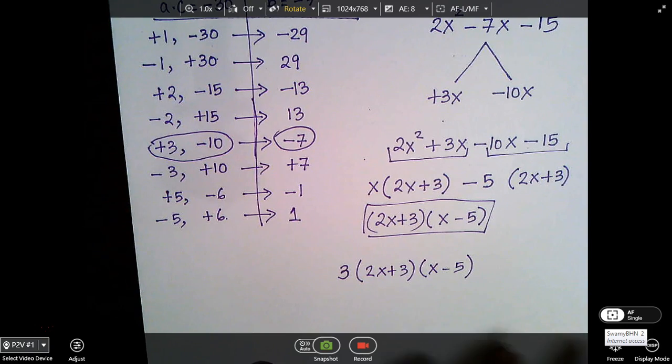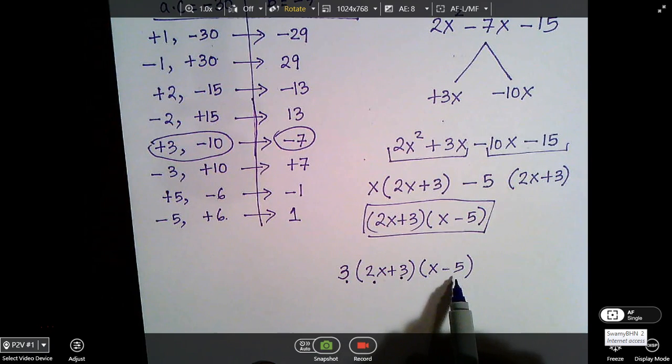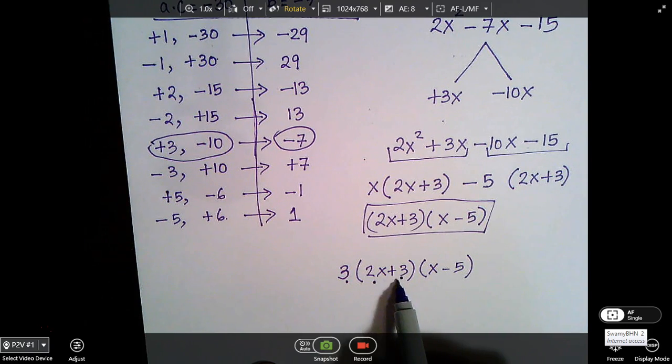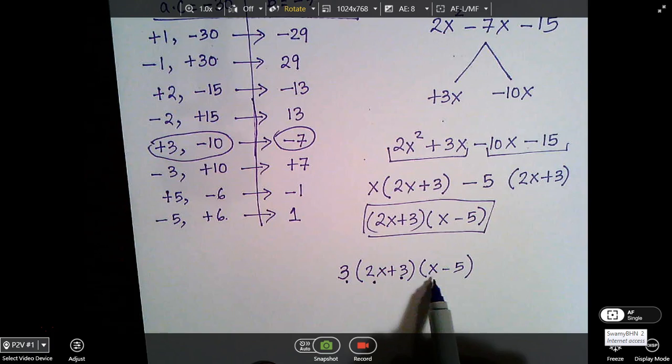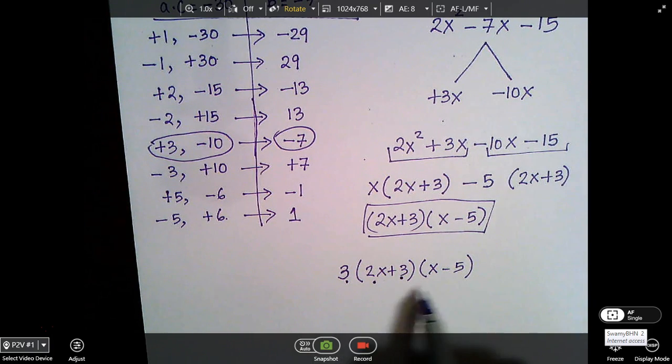If you hadn't pulled out a GCF earlier, you would have either gotten 6x plus 9 times x minus 5 or 2x plus 3 times 3x minus 15. One of those things would have happened. So that is not factoring completely.